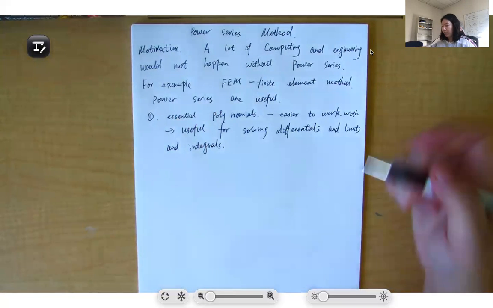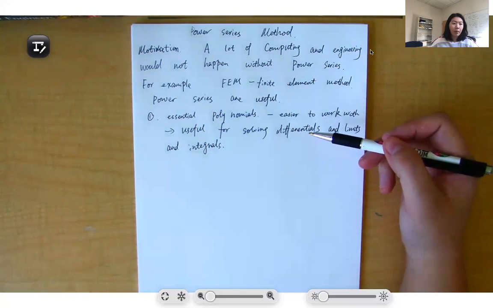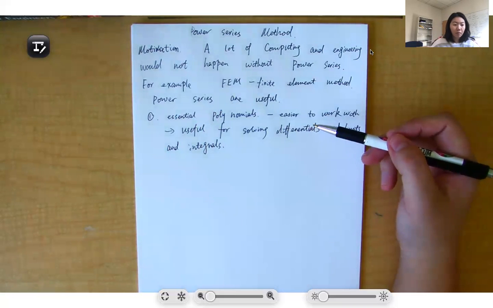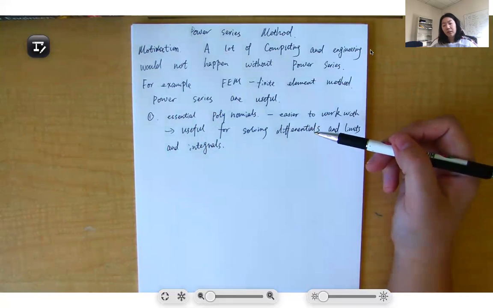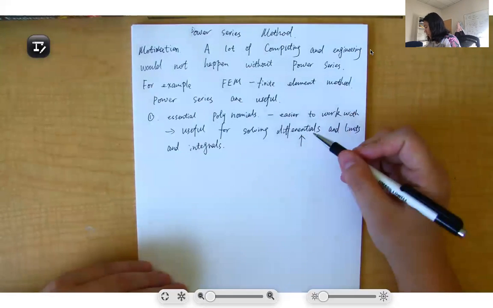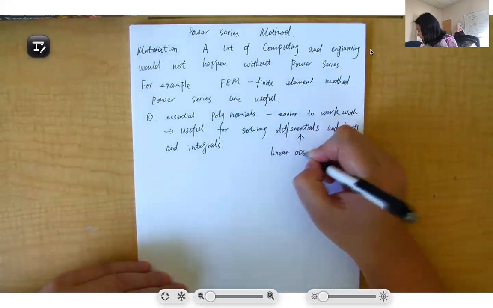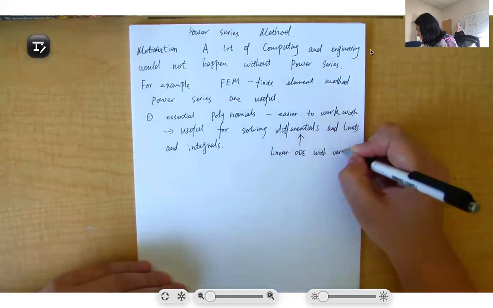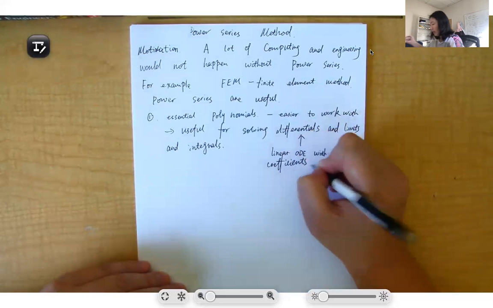And for the differentials, for example, we talked about linear ODEs, right? We talked about constant coefficients. We talked about Euler-Cauchy equations. The one we haven't touched is the linear ODEs with variable coefficients, and that will be solved by power series. So one example we have for the differential is the linear ODE with variable coefficients.